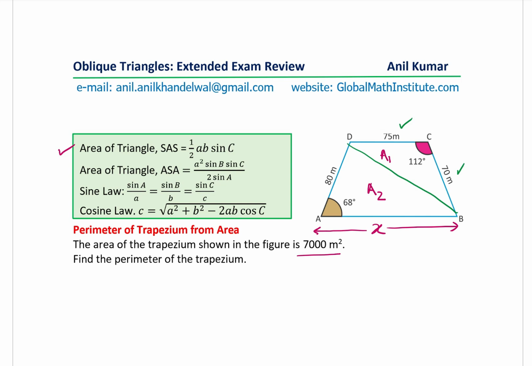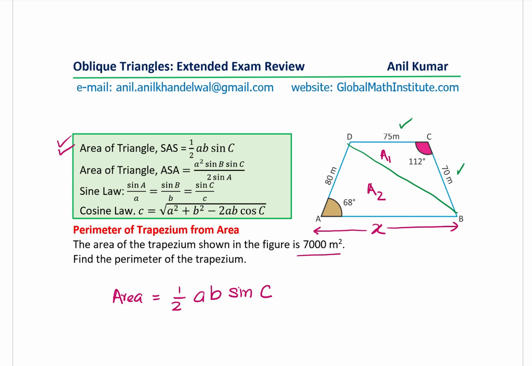But again, we can use the same formula and find the area and then the side. So I hope the concept is absolutely clear. The formula which is going to be used is area is equal to half of the adjacent sides A and B and sine of the included angle. So these are the two adjacent sides and the included angle.